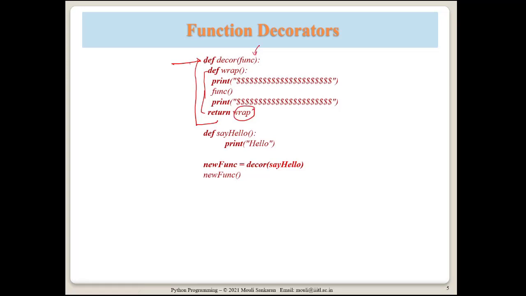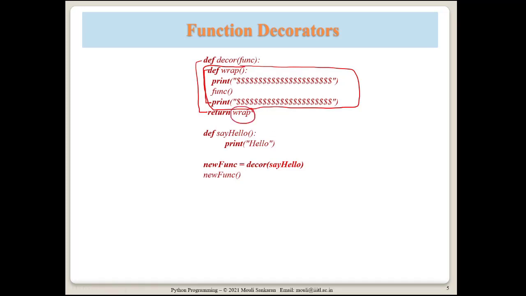Okay, sorry, I think I should not do it like this. This is here, this is here. Okay, so this is the inner function. Maybe the tab is not shown properly, and then I am returning a wrap.